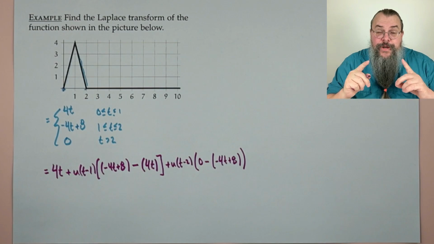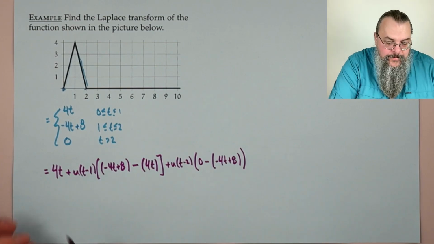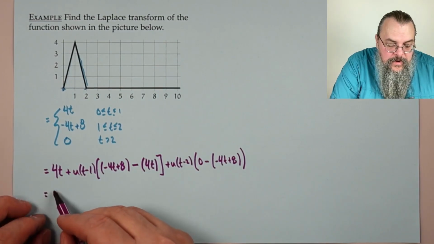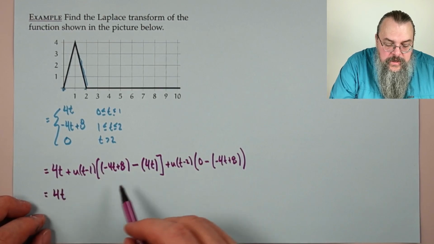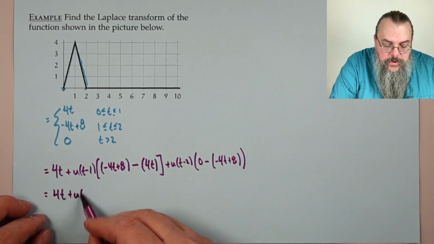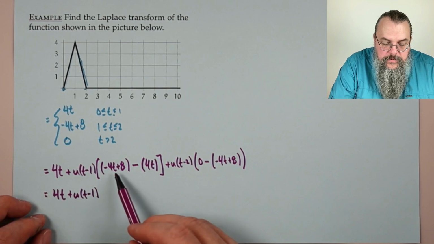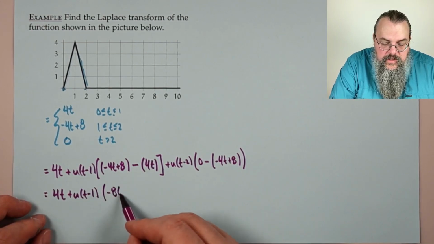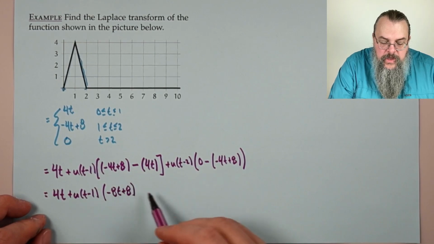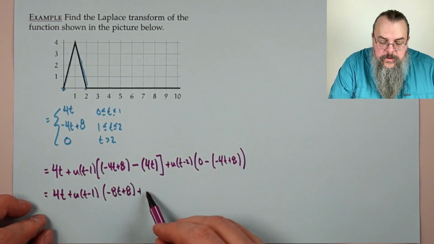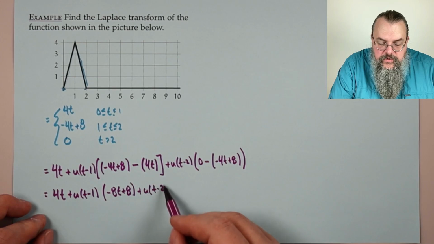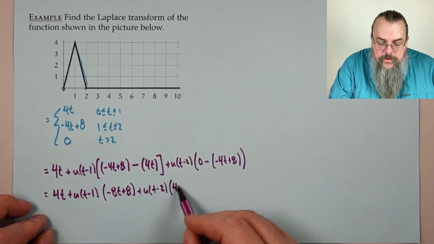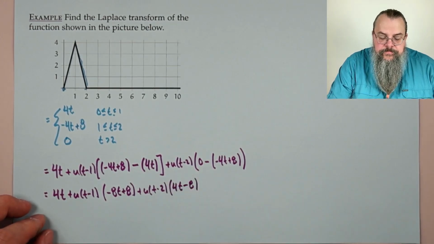We're not ready for Laplace transforms just yet. This is 4t. Now here we can combine. We have minus 4t plus 8 minus 4t. So that's minus 8t plus 8. And then here, we'll just write this as u of t minus 2 times 4t minus 8.